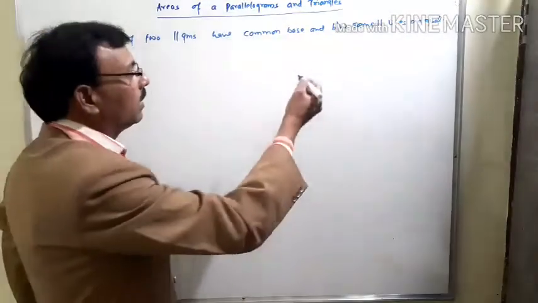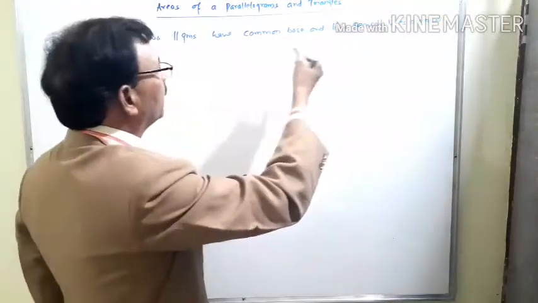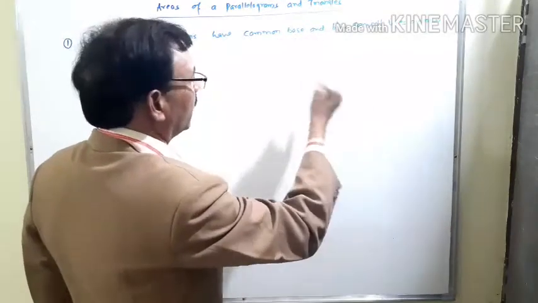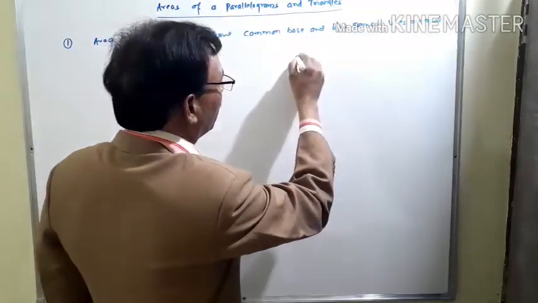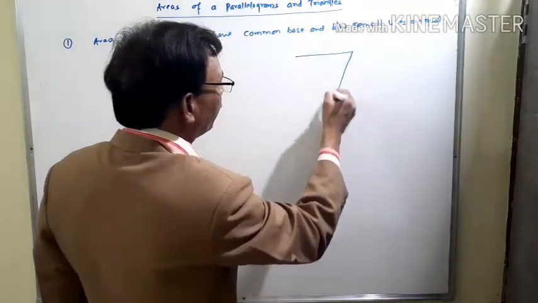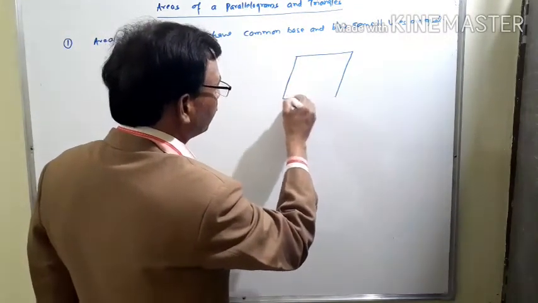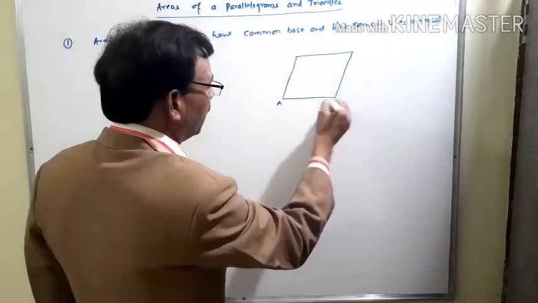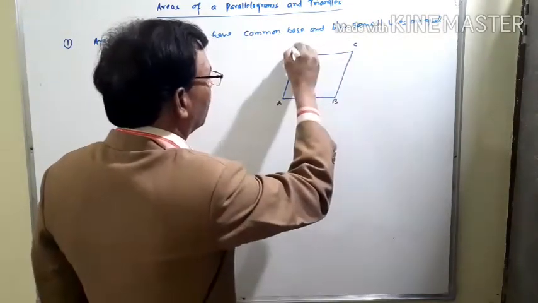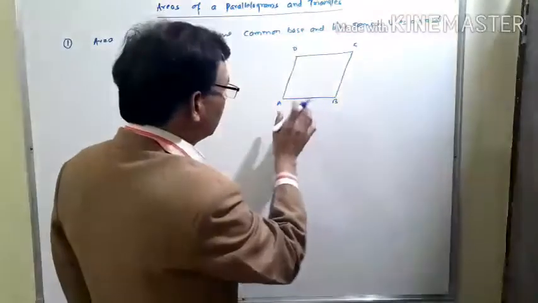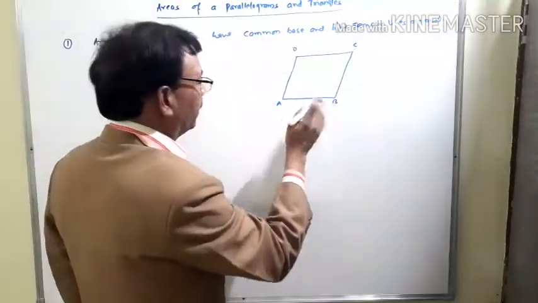Now first we draw which type of figure comes in this concept. Suppose this is a parallelogram ABCD, and another parallelogram on the same common base AB.